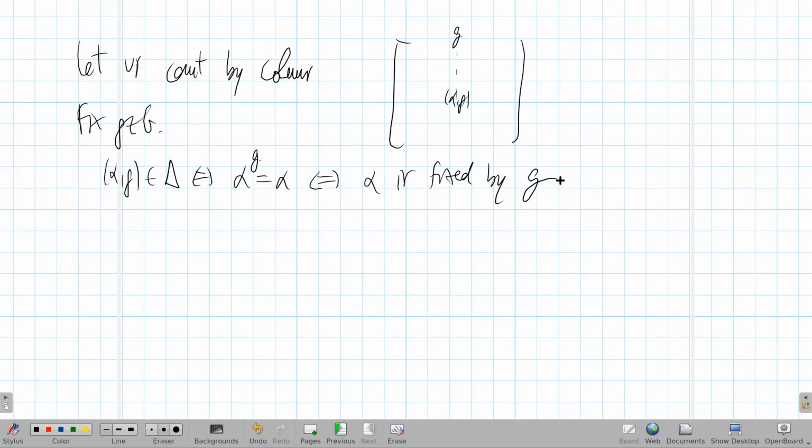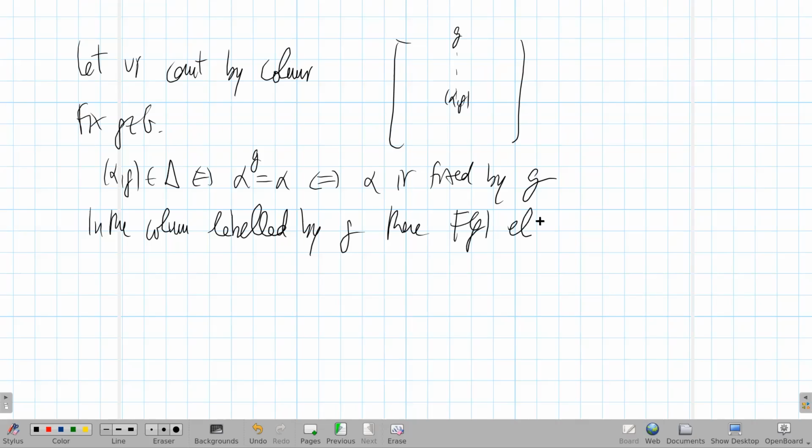And we had a name, not for this set, but for the number of elements. So in the column indexed by g, there are f of g elements of delta, because there are as many elements in delta as elements alpha which are fixed by g. And we had written f of g for the number of elements of omega fixed by g.